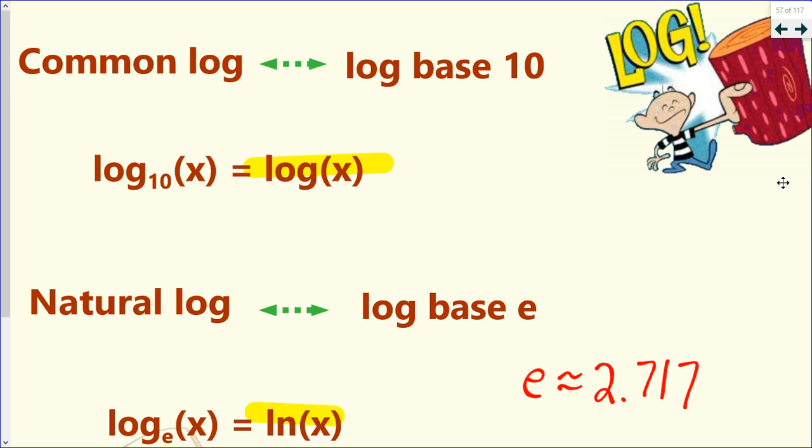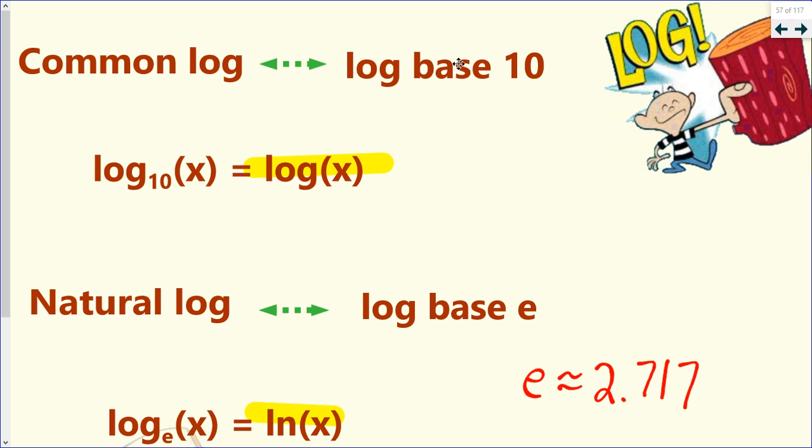So there are 2 logs that come up all the time. One is log base 10. Log base 10 comes up. It's actually how we deal with our number system here. When we think of tens, hundreds, thousands, millions, we use those particular ways to characterize numbers.